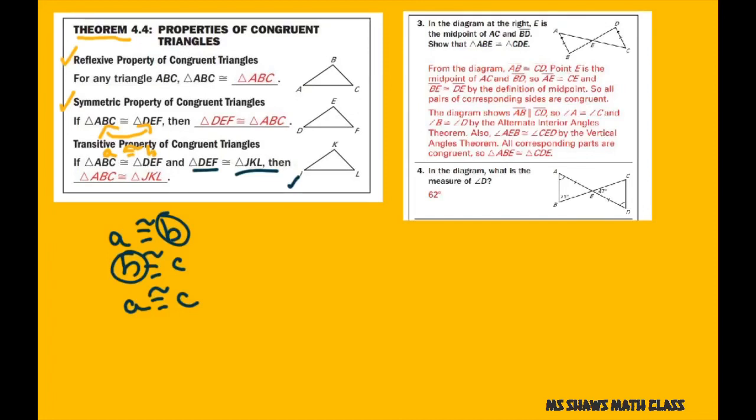So it says in the diagram at the right, E is the midpoint. We know these two angles are congruent. So we want to show that ABE is congruent to CDE. And from the diagram, we know that AB is congruent to DC. Point E is the midpoint.